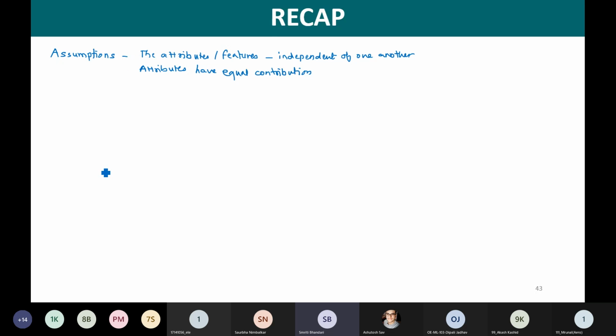So with these assumptions, we discussed our Naive Bayes classifier, and we come up with one expression that will provide us the class of the sample instance.